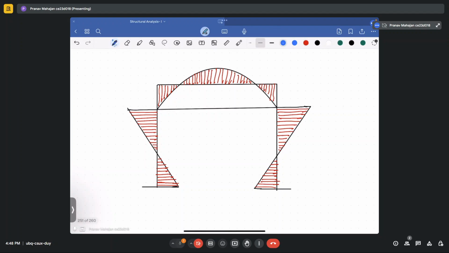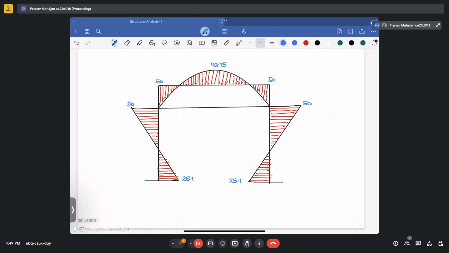So the values here, it will be 93.75, 50. Here it is also 50. Here it is 25.1. Here it is 50. Okay. So this is your bending moment diagram for the frame that you have considered for the solution of the problem using moment distribution method.